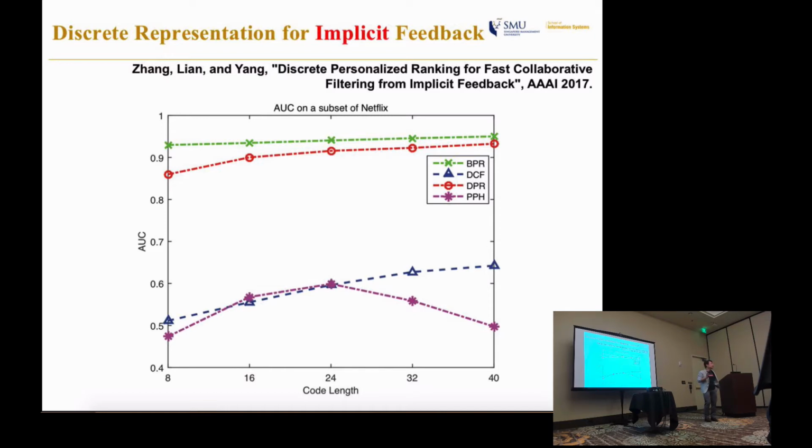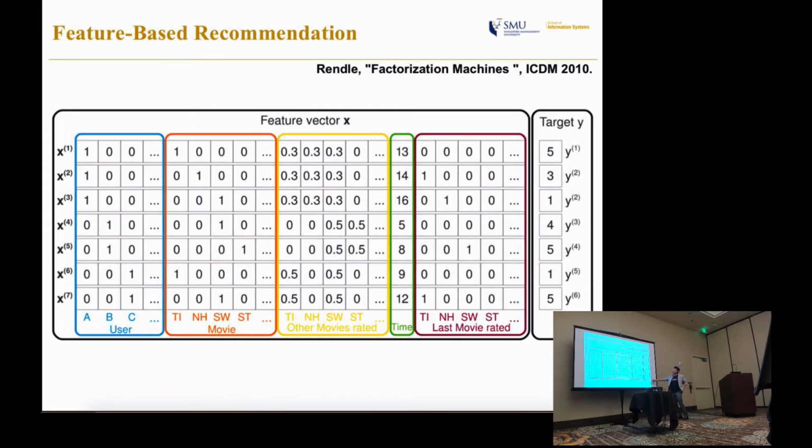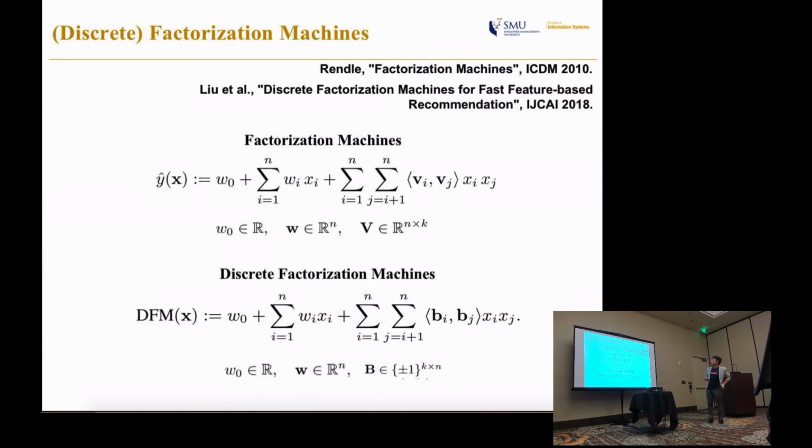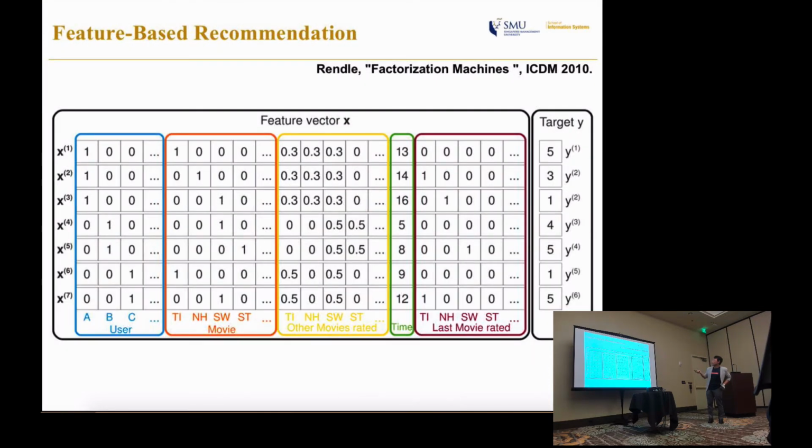Now, these are essentially the key concepts behind discrete representation. There is just one last thing we would like to mention, which is there also works in terms of trying to absorb features. And one way to do that in matrix factorization or in a product sense is something called a factorization machine. That is where you have different feature vectors and you want to see the interaction across the features.